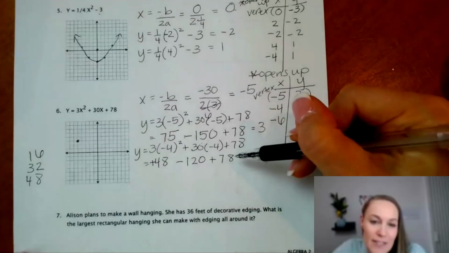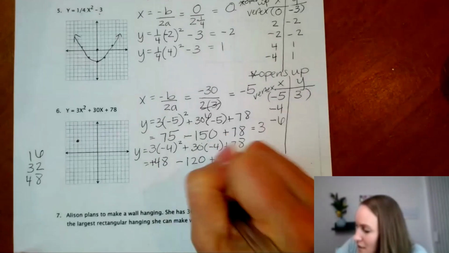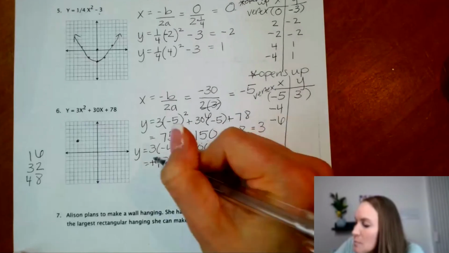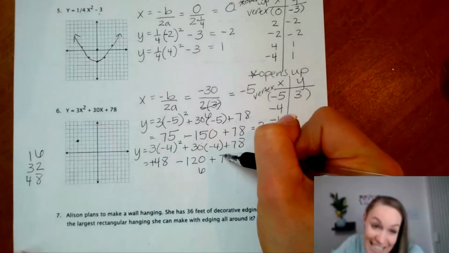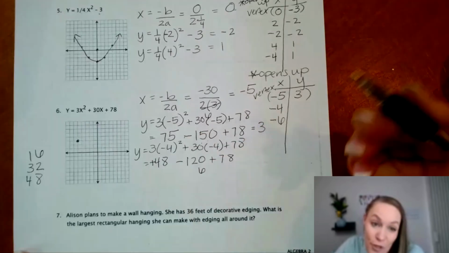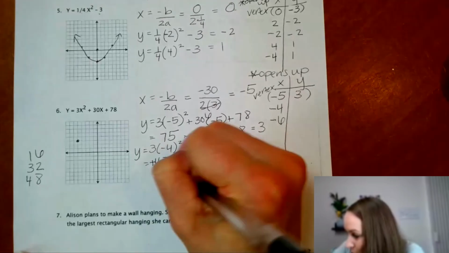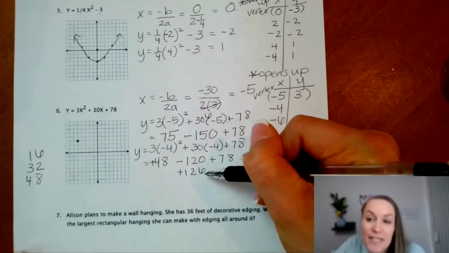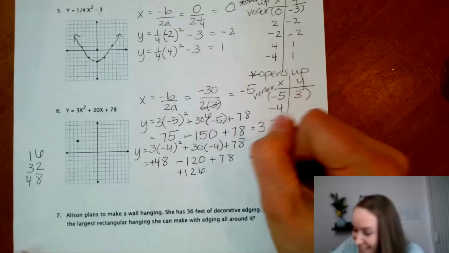And I have a positive 78. 8 plus 8 is 16. And then 7, so carry the 1, which makes 8. 8 plus 4 is 12. And those are plus. So I have -120 plus 126, which is positive 6. All right.